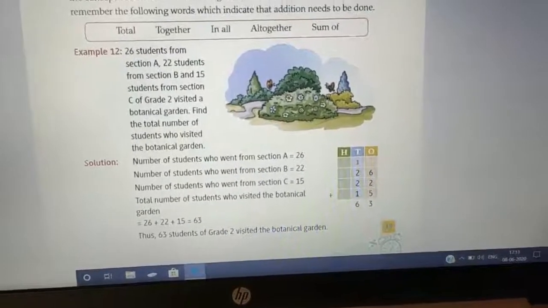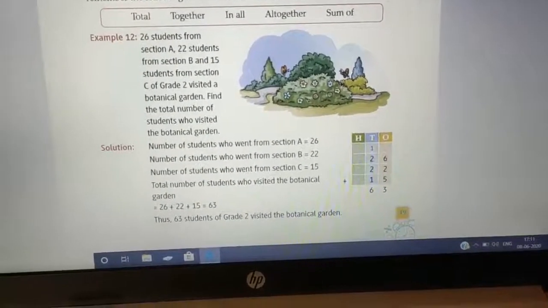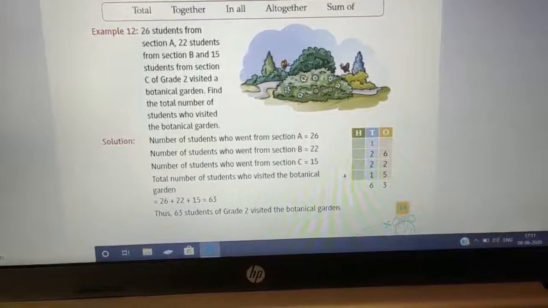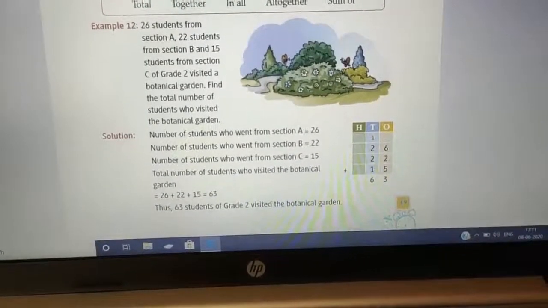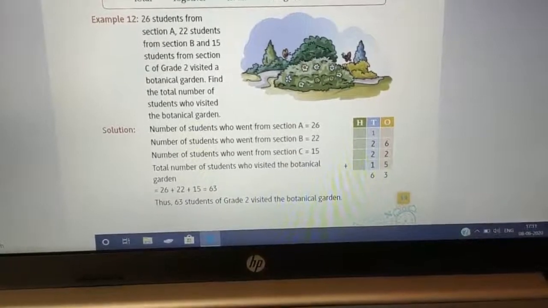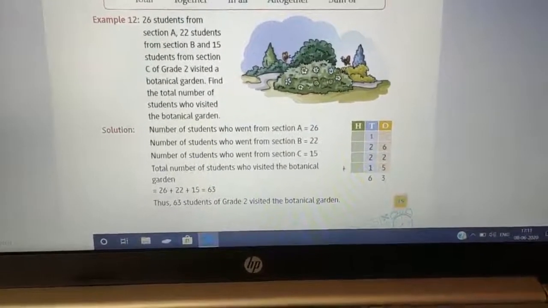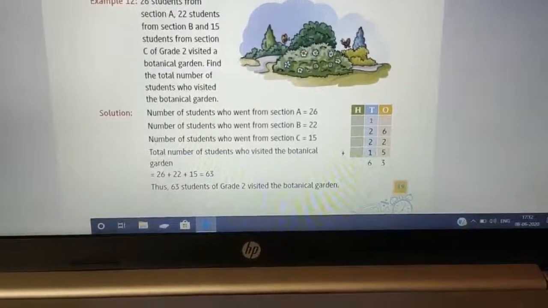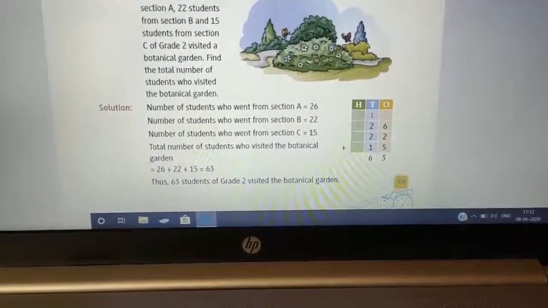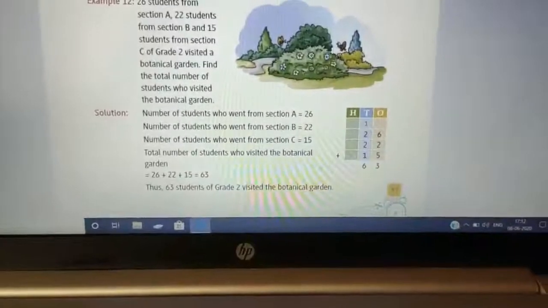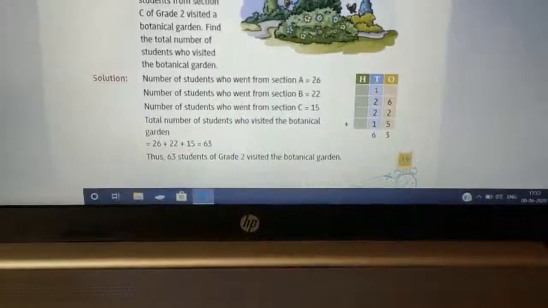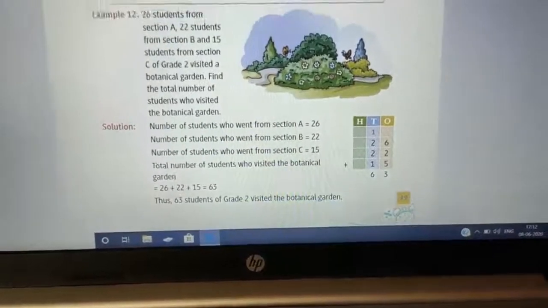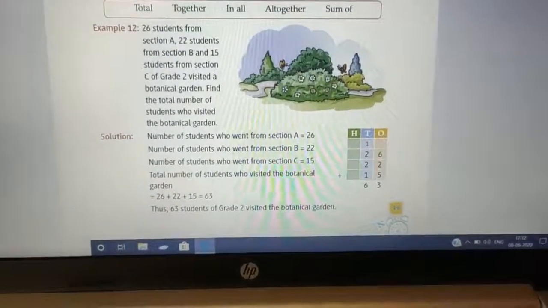They carry the forward number up and the backward number down: 1 up and 3 down. On the tens side, the answer came 6. So the answer is 63. The total number of students who visited the botanical garden is 63. Thus, 63 students of grade 2 visited the botanical garden.